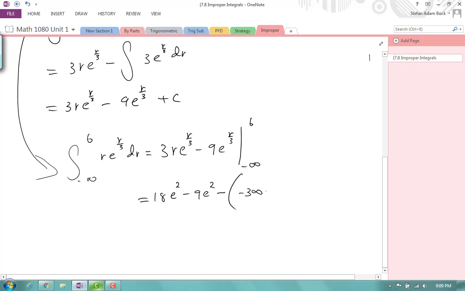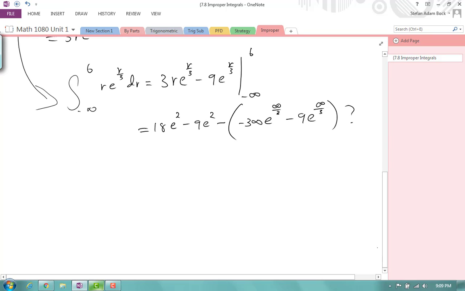Negative 3 infinity e to the infinity over 3 minus. What is that? So instead what we do is we fix it up with limits, and we find out what happens to this integral as the limit goes to infinity.